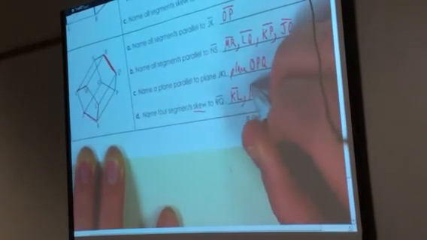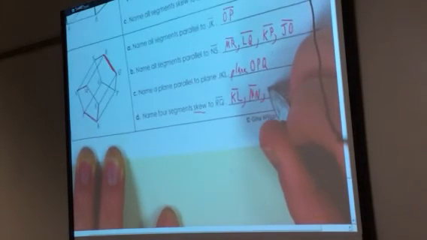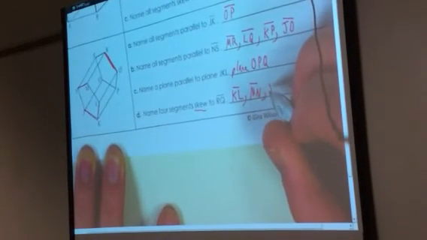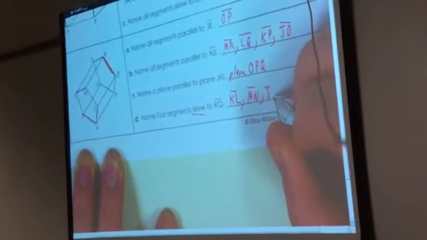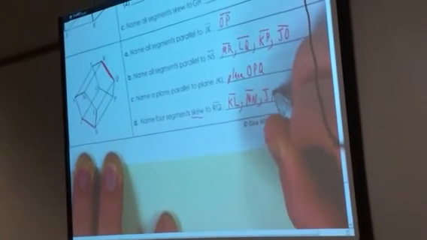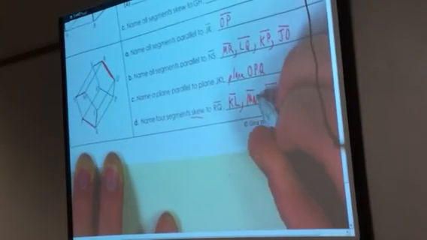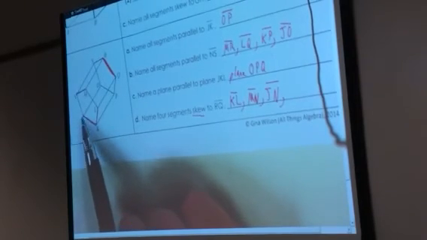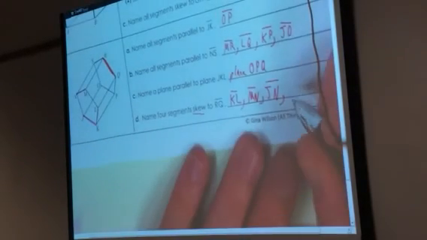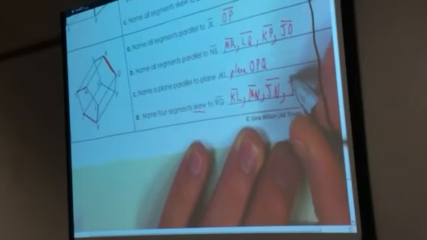It's not going the same direction. And then JM. Is that MN? Yeah. And then JN or NJ. And then there's one more on the front side, and that would be JK. And that is all of them.